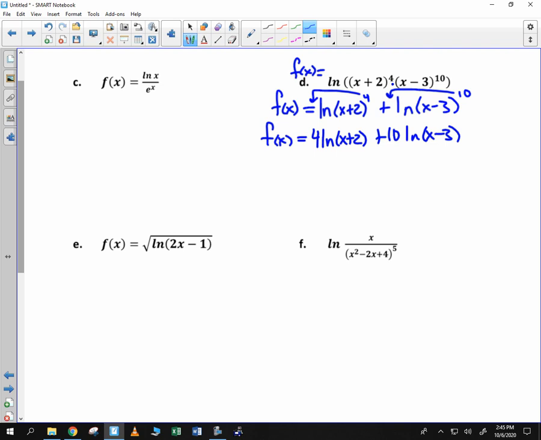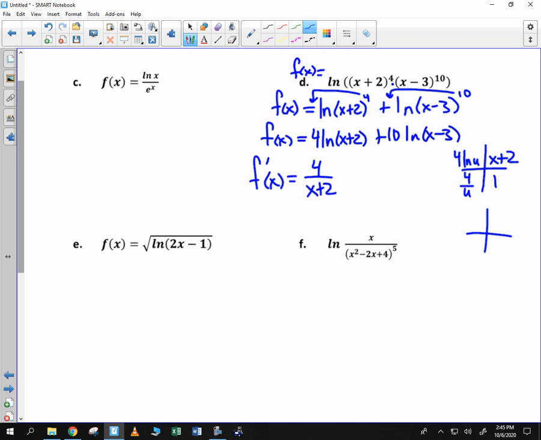Now I take the derivative of each, and each will require the use of the chain rule, but a lot less complicated. Watch this first one, 4 natural log of u, with u being x plus 2. The derivative of 4 natural log of u is 4 over u. The derivative of x plus 2 is 1. And so when I multiply those together, I get 4 over x plus 2.